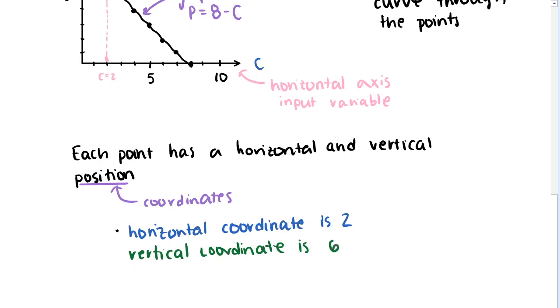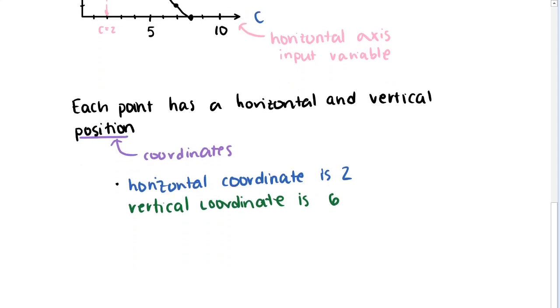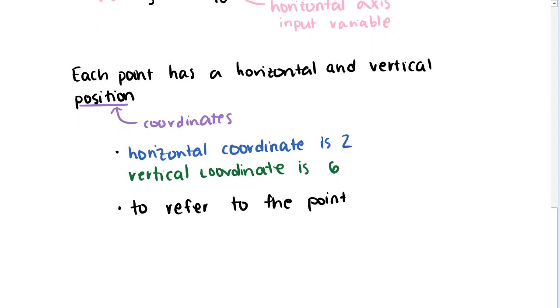And so together, these two numbers form the position of the point. And then usually, if we want to refer to this point, we write this as an ordered pair to refer to the point with a horizontal coordinate of 2 and a vertical coordinate of 6.